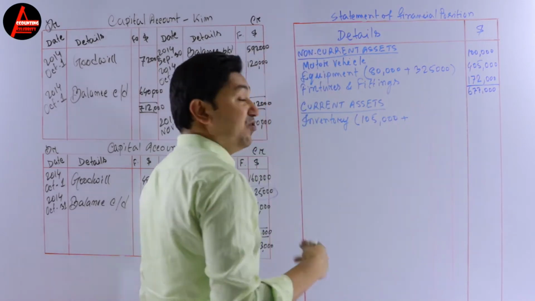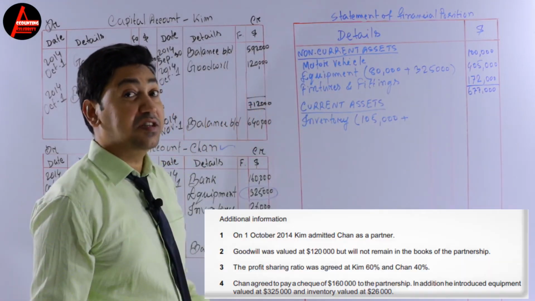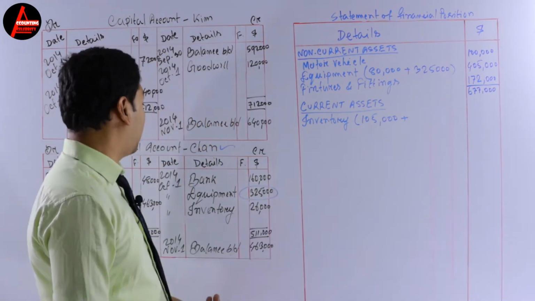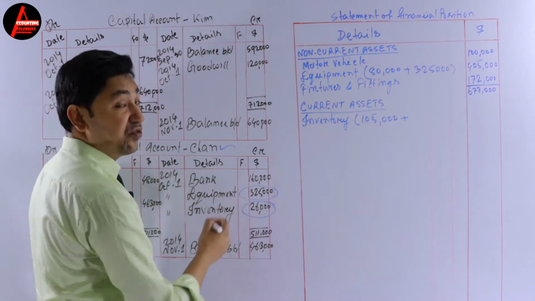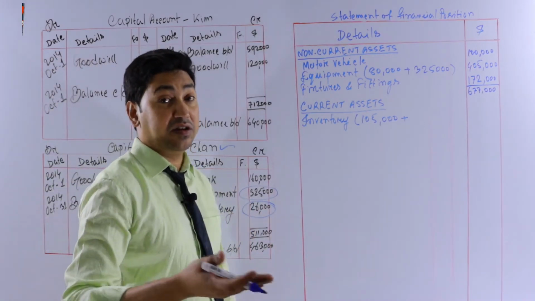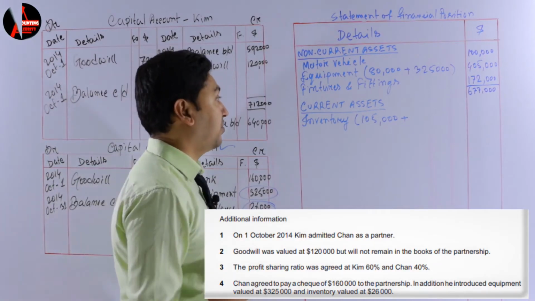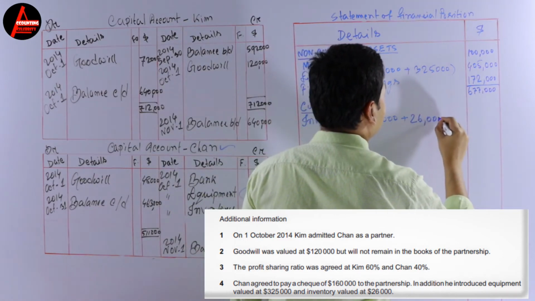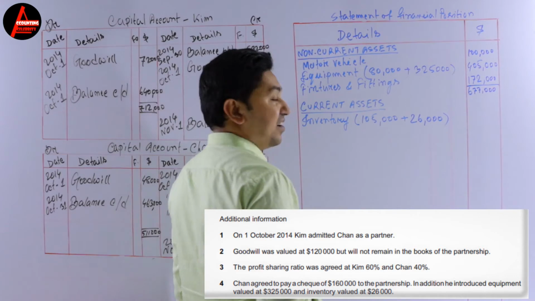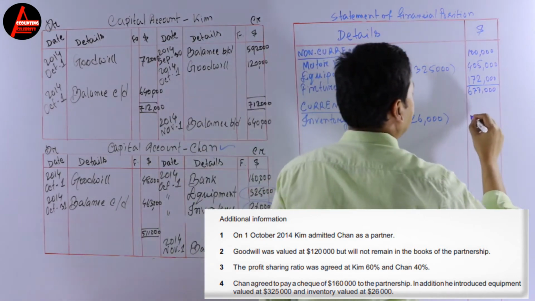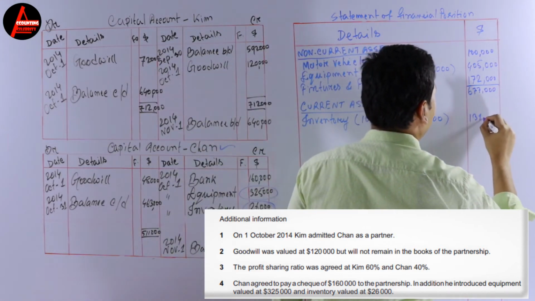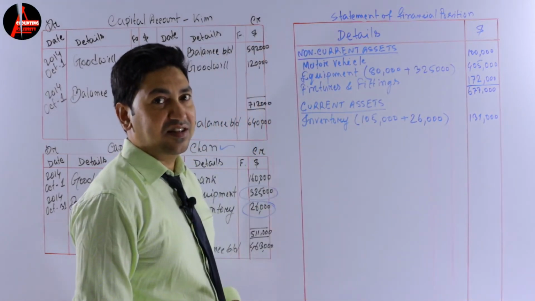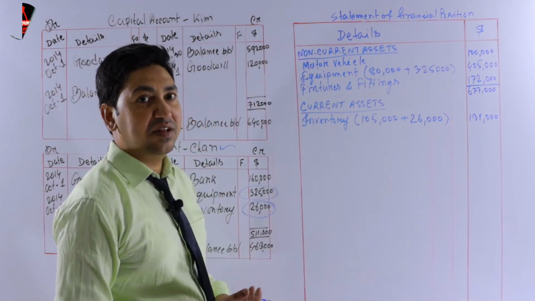And we will add more, because new partner Chen brought more inventory. What is the value here? $26,000, adjustment number 4. So right here $26,000 and you add. What is the answer here? $131,000.